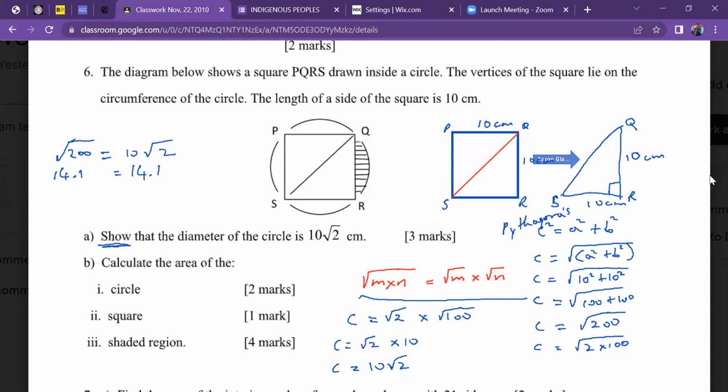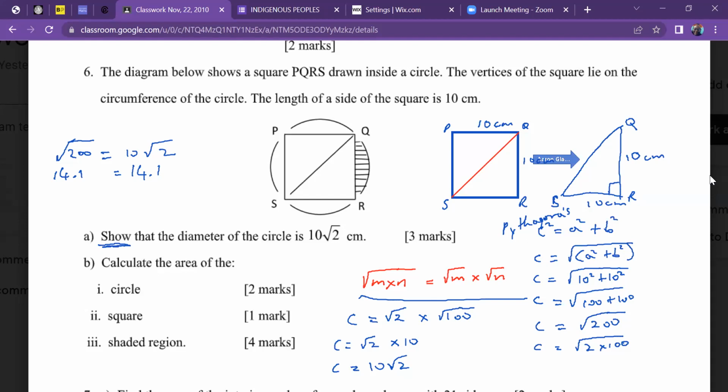Since I have a right angle triangle, I can find the length of the hypotenuse using Pythagoras theorem, which says that c squared, the square of the hypotenuse, is equal to the sum of the squares of the other 2 sides, that is c squared equals a squared plus b squared.